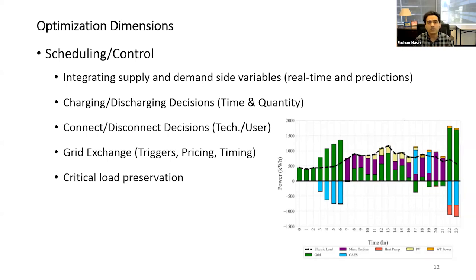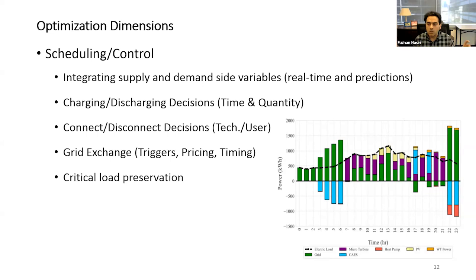And of course, when we do scheduling, control, and operational planning, one of the main characteristics that we need to preserve is the critical load. Whatever shortages happen, there is a minimum load that needs to be preserved because it's dealing with some critical capacity.